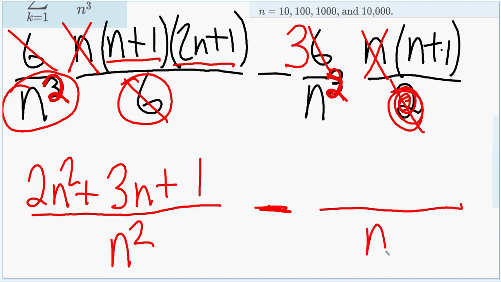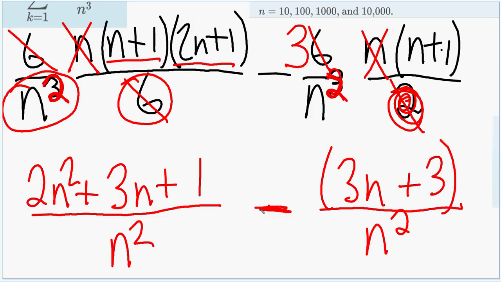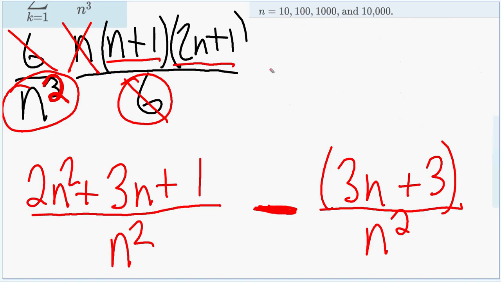So the denominator here is also n squared. And now I'm going to distribute the 3 to the n plus 1. So we have 3n plus 3. Notice I grouped that, and we have the negative out here. I could have distributed a negative 3 all at once, but I saved that negative for its own step.